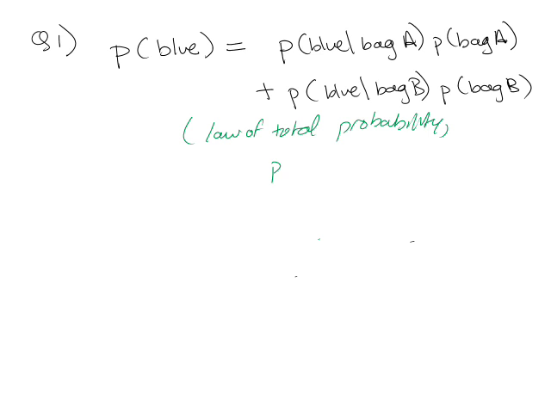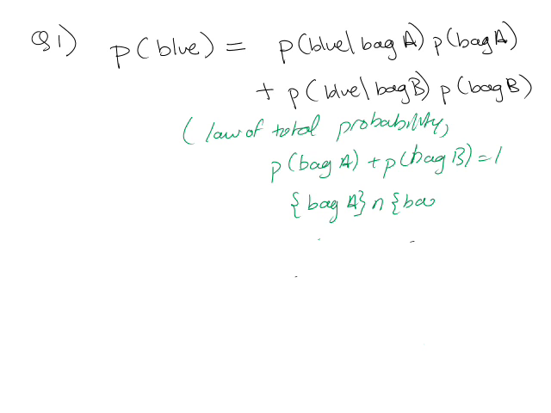Why can we apply this law? Well, because the probability of bag A plus the probability of bag B equals 1, and these events are disjoint.